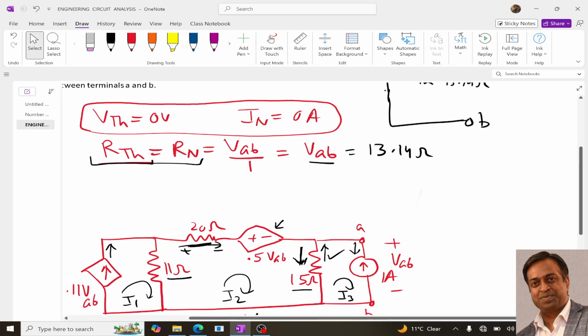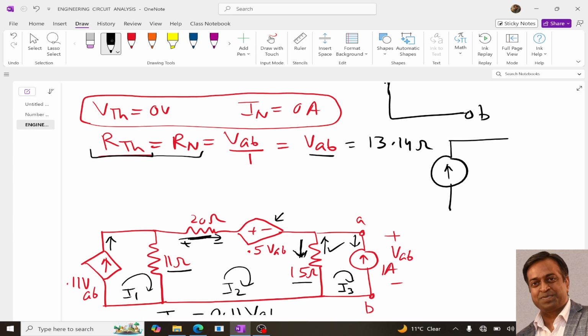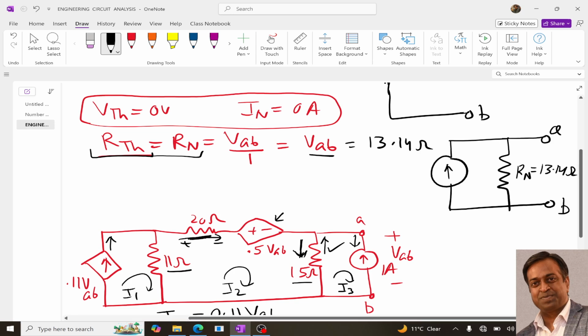And similarly for the Norton, we know that the equivalent circuit is drawn in this way. A and B, it is Rn, which is equal to 13.14 ohm, right? And this is In, which is equal to 0 ampere. Now again similar to VTH, since In is 0, the current through this branch is 0.